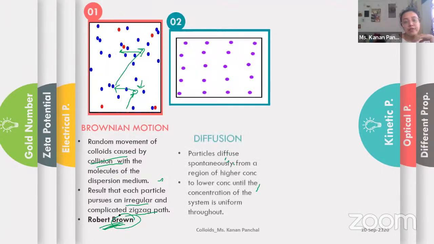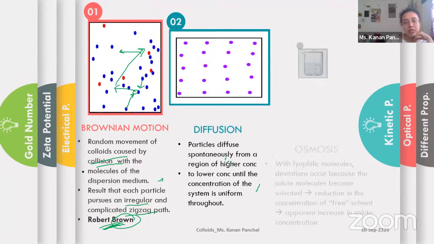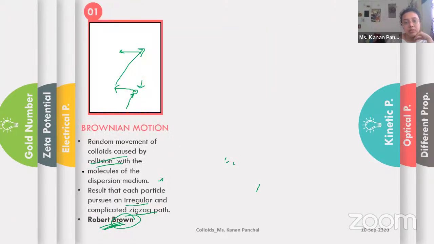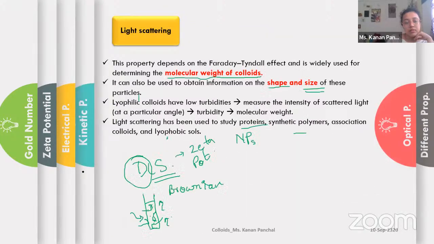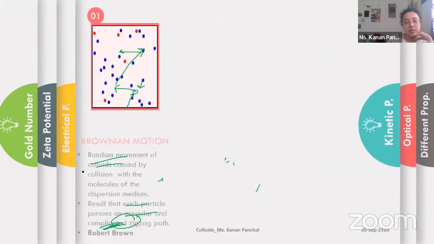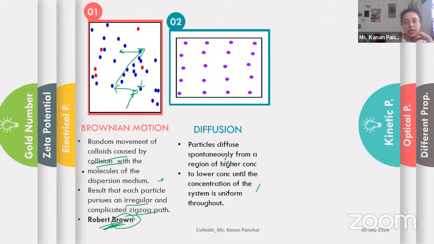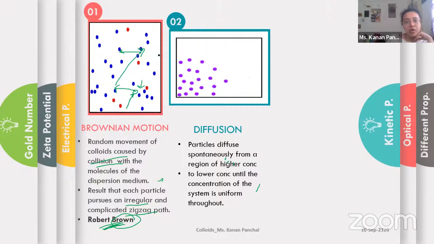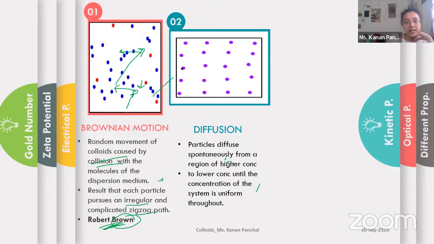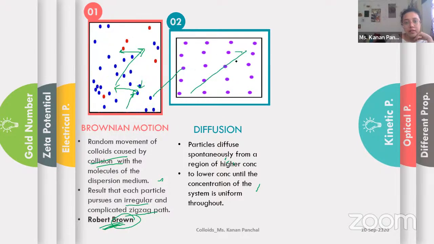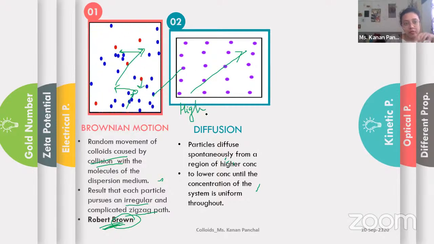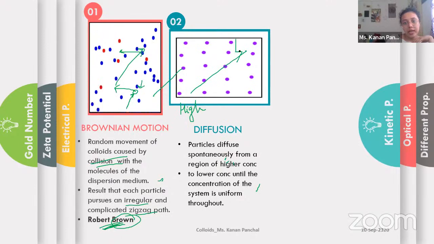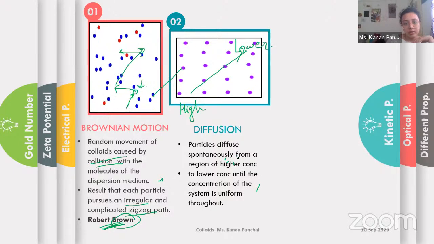Then the second is diffusion. In diffusion, if you see, particles from one corner are going in another direction. From a higher concentration of solute, they go to an area of lower concentration.